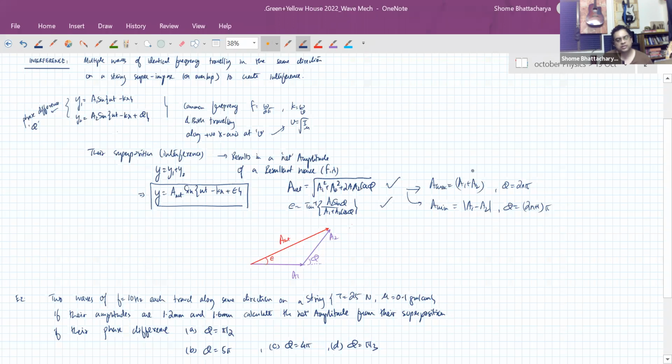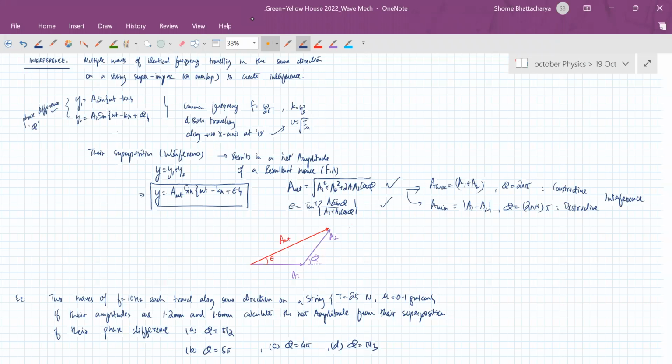So this was constructive interference and this was destructive interference. These were two additional things that we discussed. You'll see that in the question I've given you, these two special cases are also covered.